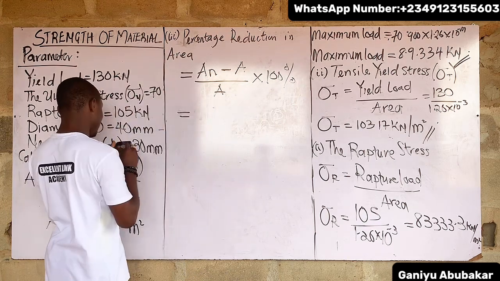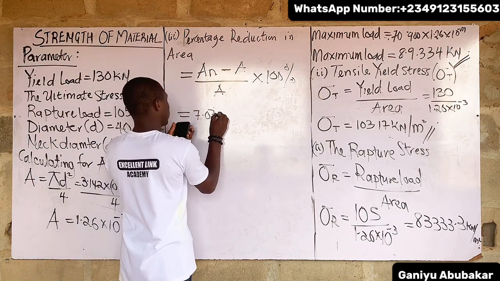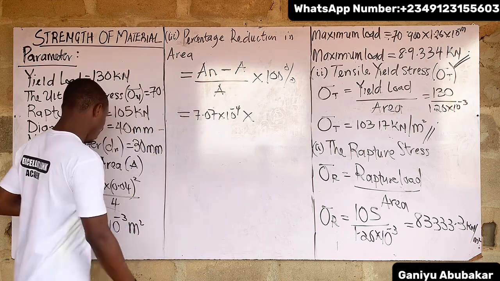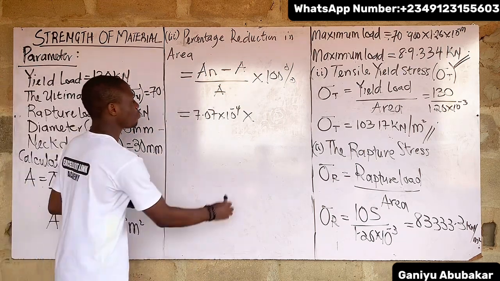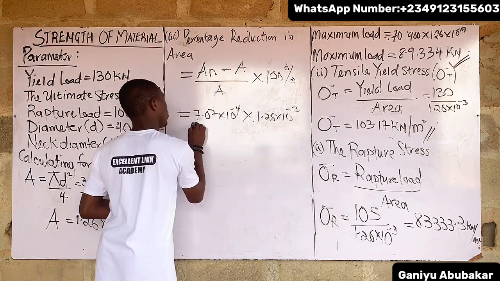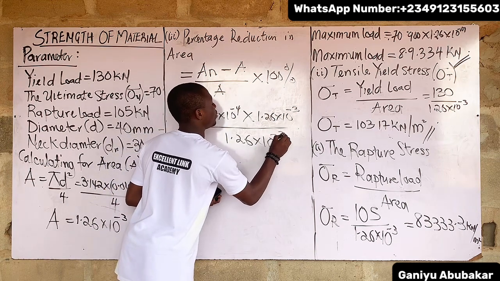So what's my neck area? Check your book. I have about 7.07 times 10 to the power minus 4, minus what's our normal area, that's 1.26 times 10 to the power minus 3, all over 1.26 times 10 to the power minus 3.